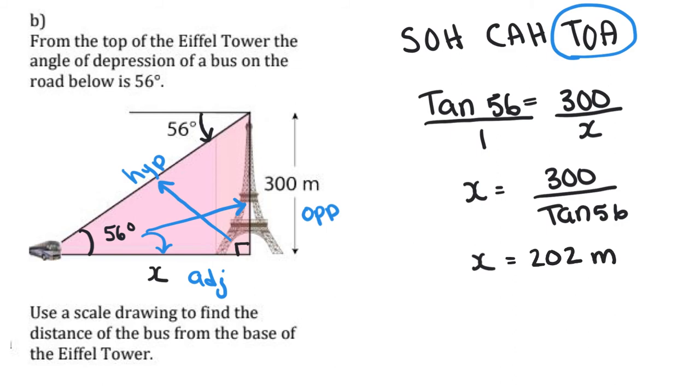That means the bus is 202 meters away from the Eiffel Tower. Make sure you clearly indicate that. And we know the Eiffel Tower is about 300 meters, so 202 meters makes sense in this situation.